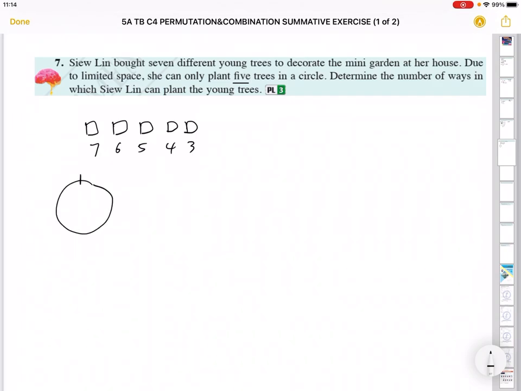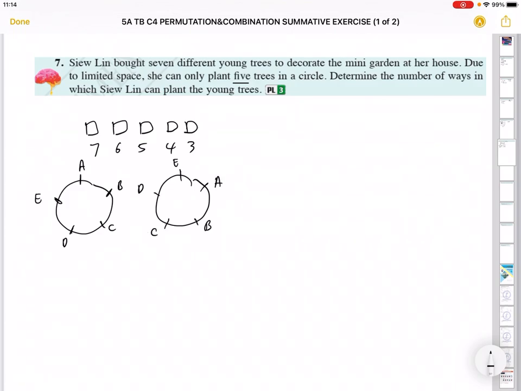maybe I draw a shape like a pentagon here, right? So let's say the first tree is A, then this is B, C, D, E. Just to illustrate and explain circular arrangement. So it looks like this, right?